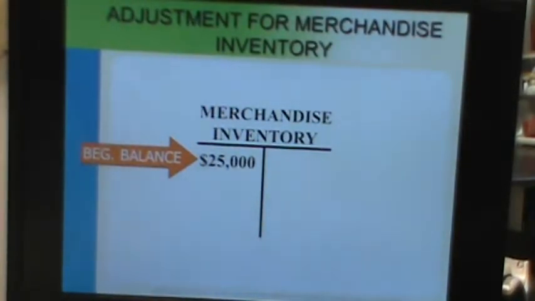So this is what the adjustment for merchandise inventory is going to look like. At the end of each period, we have to make that inventory balance ready for the next period. The beginning balance of last year left a debit of $25,000 in inventory. We counted, and now we have $30,000, so we have to adjust it $5,000.